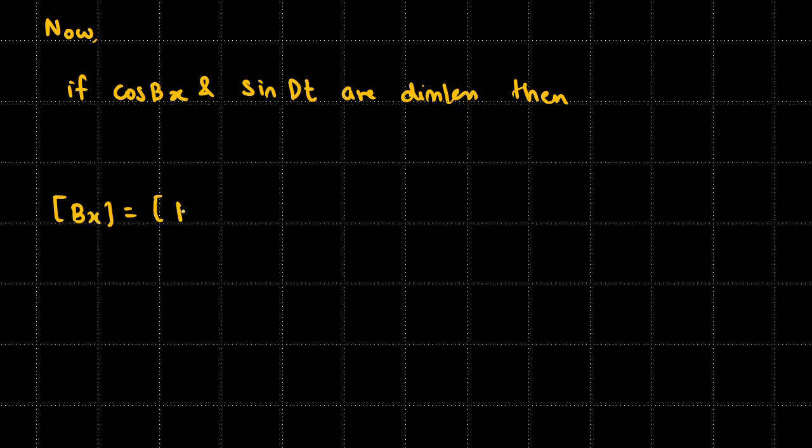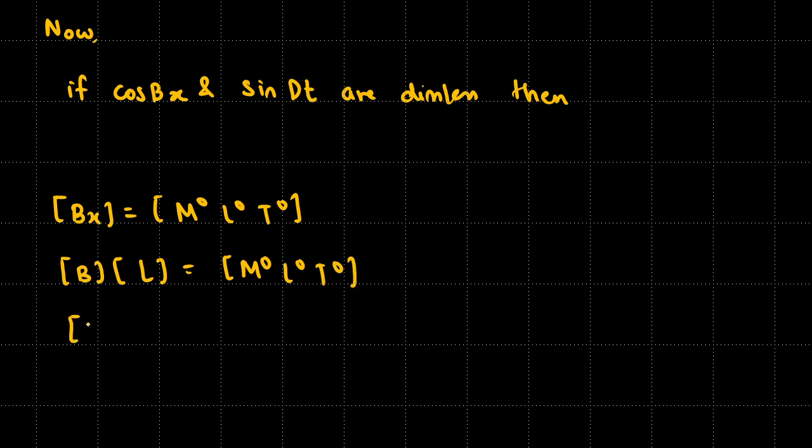So it's going to be dimensionless, which is M0 L0 T0, or you can write 1. Here the dimension of x is L, hence the dimension of b will be L inverse. So we have the dimension of a, b, c.